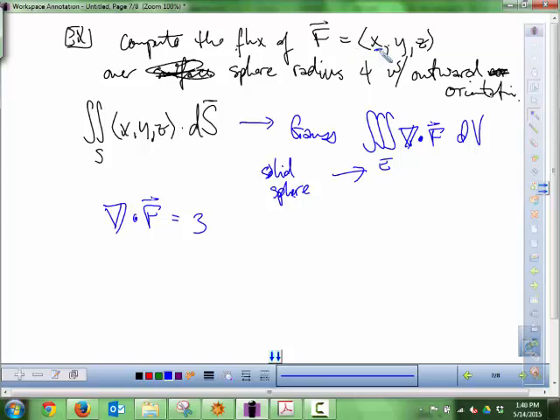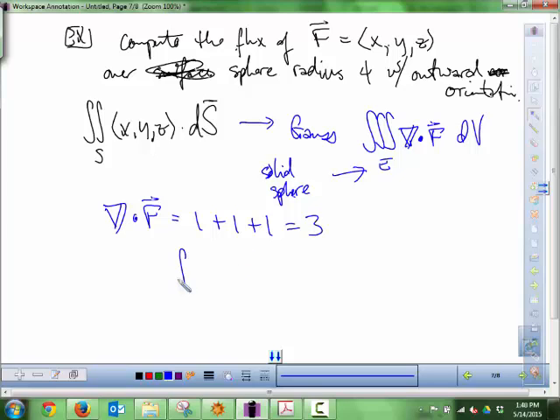So it's the partial of the first component with respect to x plus the partial of the second component with respect to y plus the partial of the third component with respect to z. Well, that's nice. It's a constant.